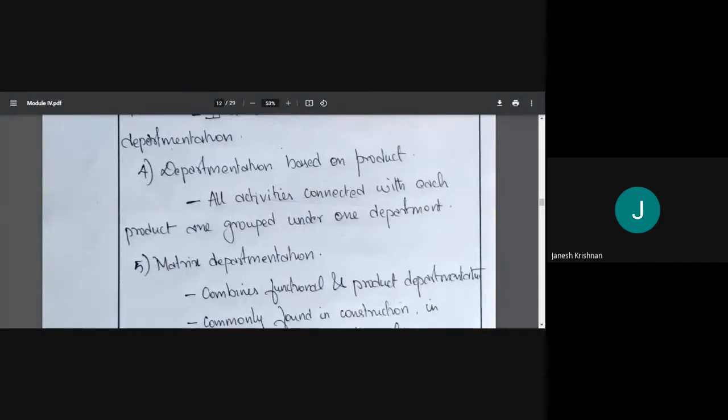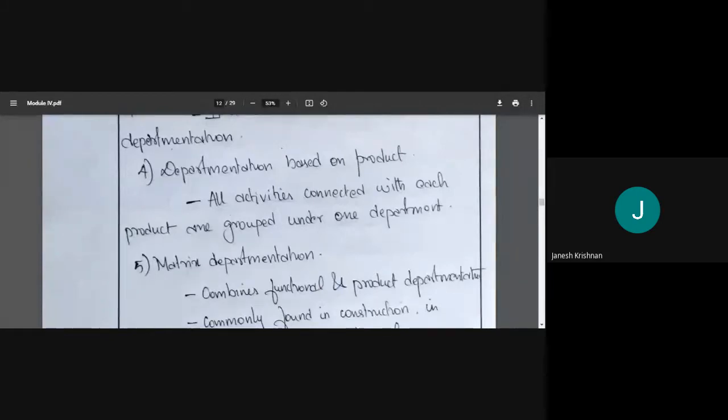If our company is producing 2-wheelers, 3-wheelers, 4-wheelers, and heavy vehicles, then the 2-wheelers will have a department based on the product. Two-wheelers will have their production, marketing, finance. Three-wheelers will also have their production, marketing, finance. Four-wheelers will similarly have it. Heavy vehicles will have the same. So based on the product also, there is departmentation, right?